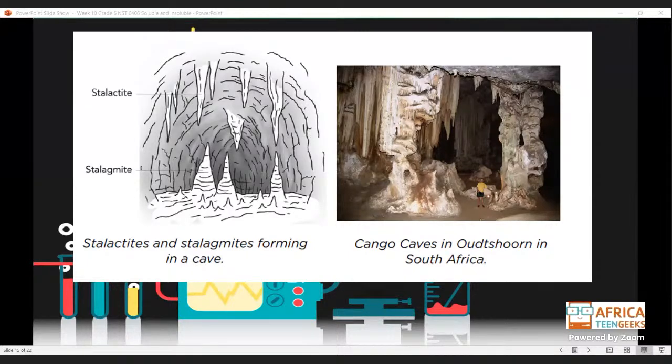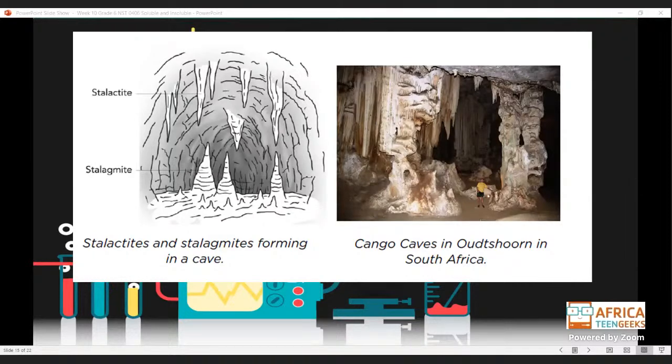The stalagmites that grow up from the bottom sometimes even touch the stalactites and join with them at the top. So it looks like a pillar. If you look on the right-hand side in the photograph, you can see it looks like a pillar that we have there.